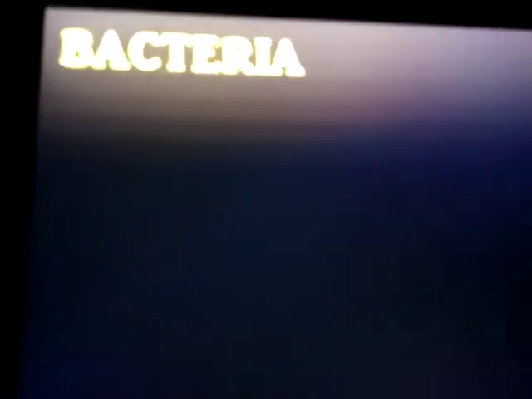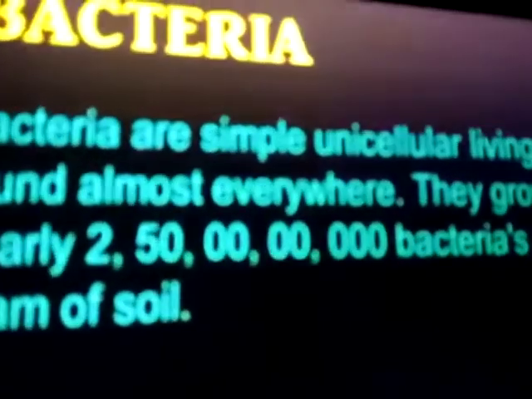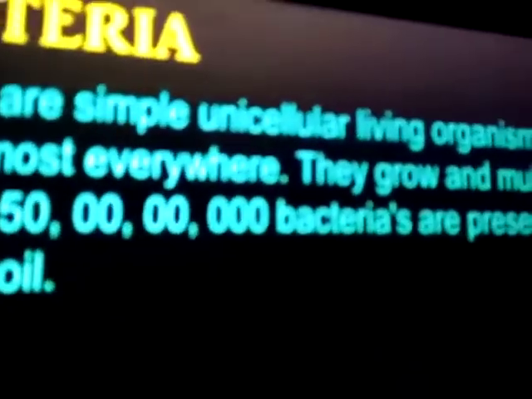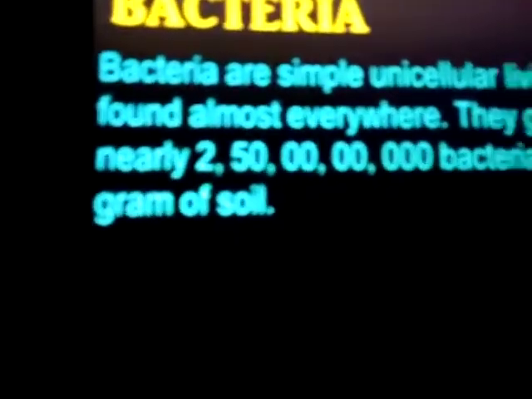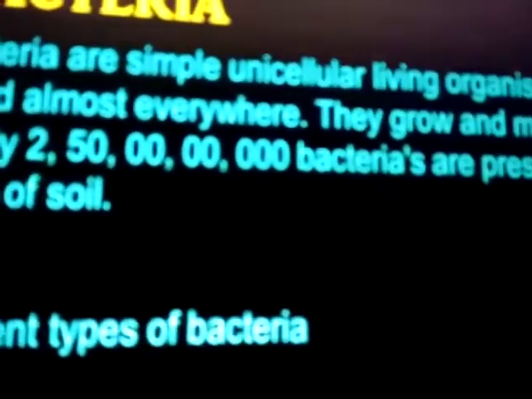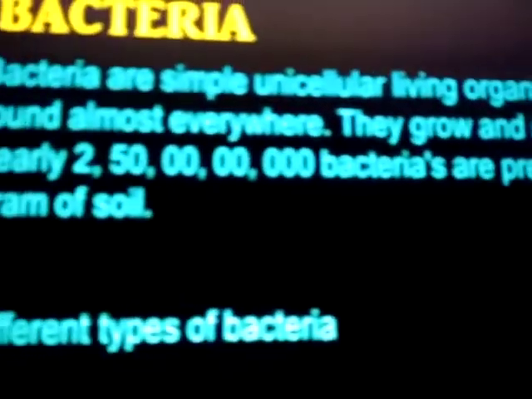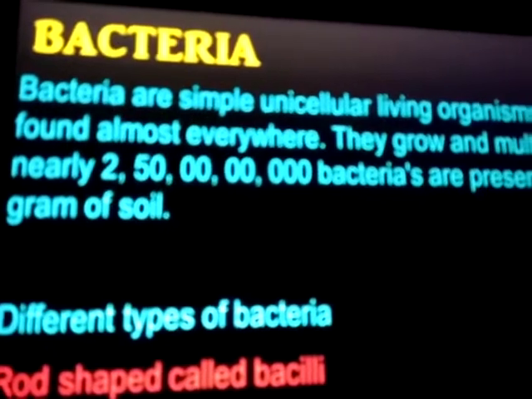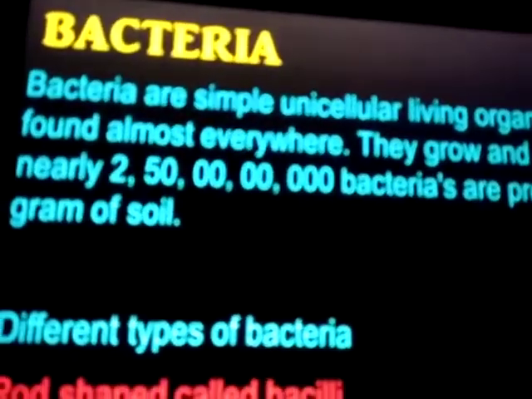Now we are going to see in detail what bacteria are. Bacteria are simple unicellular living organisms. They are found almost everywhere. They grow and multiply very fast. They are present in water, soil, air, everywhere.